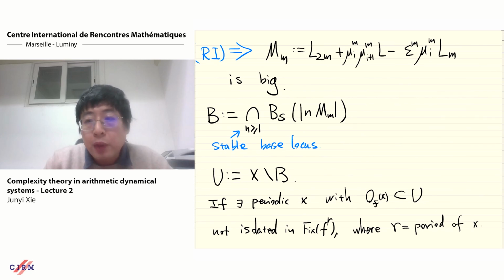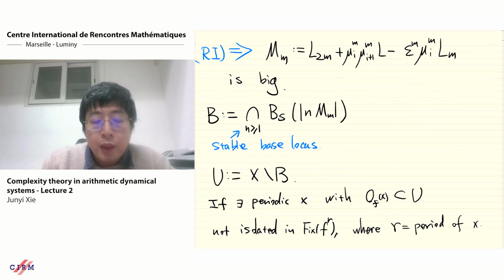So it's the intersection of the base loci of the linear systems |n M_m|. Because M_m is big, this B is a proper closed subset of X. So we define U to be the complement of B, so it's X minus B. So it's a non-empty Zariski open subset.